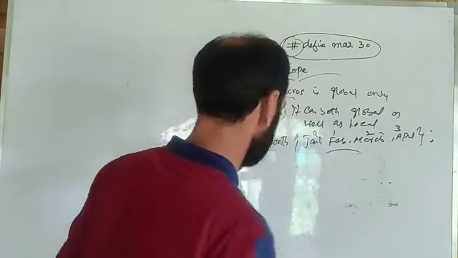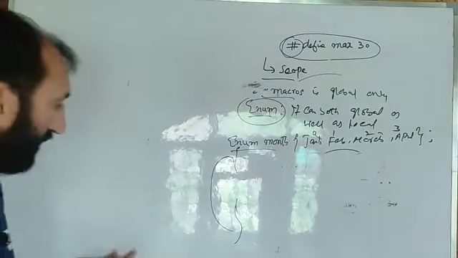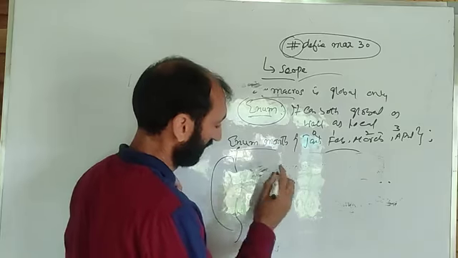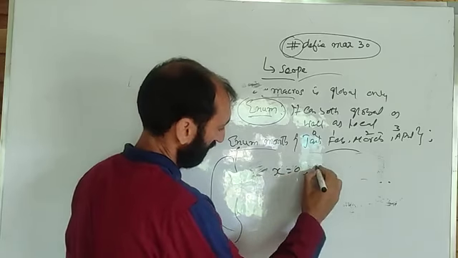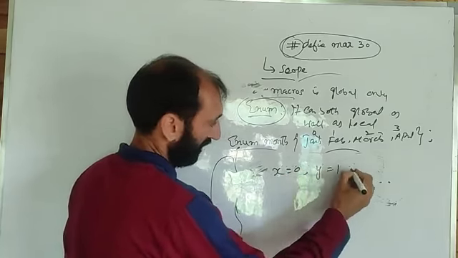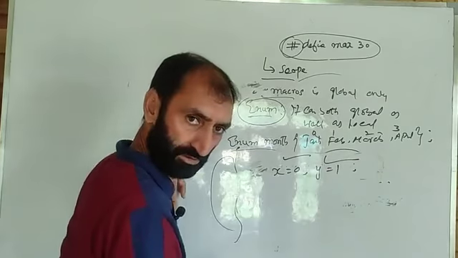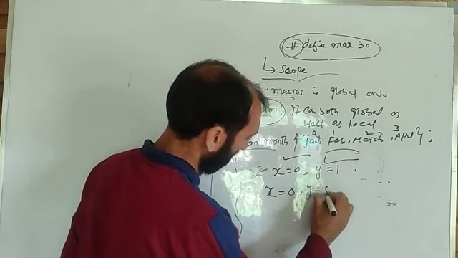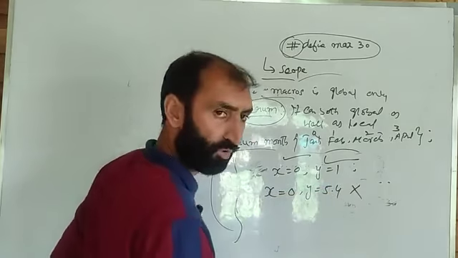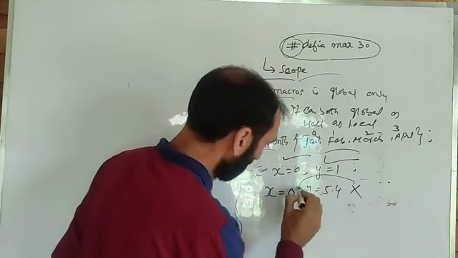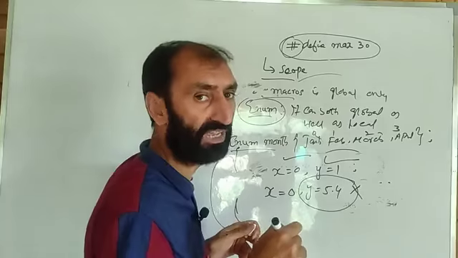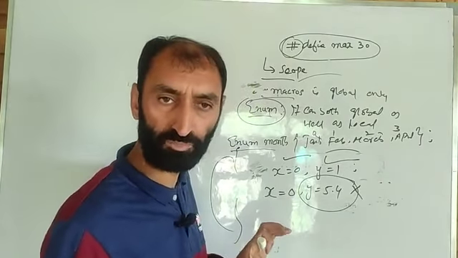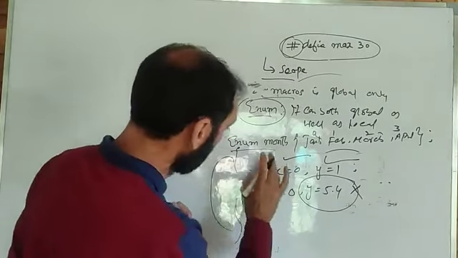For example, if in enum we have data type x equal to 0, y equal to 1, it is correct. If I write x equal to 0, y equal to 5.4, it is wrong, because enum assigns only integral values. Floating point values are not allowed in case of enum.